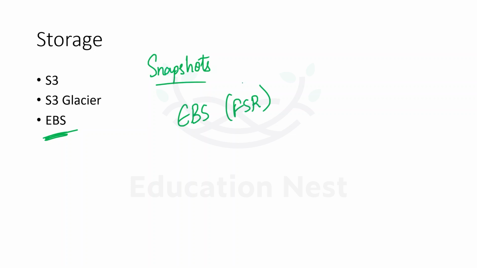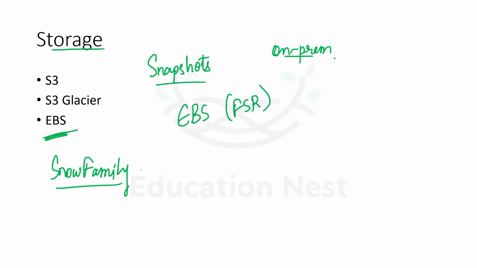So these are all the different options for storage in which we can be creating the disaster recovery plans. Another important thing that can be considered over here is the Snow family. Now, how will this be helping us? If you have data on-prem and you want to create the backup of your data, then you can be using those Snow family devices.